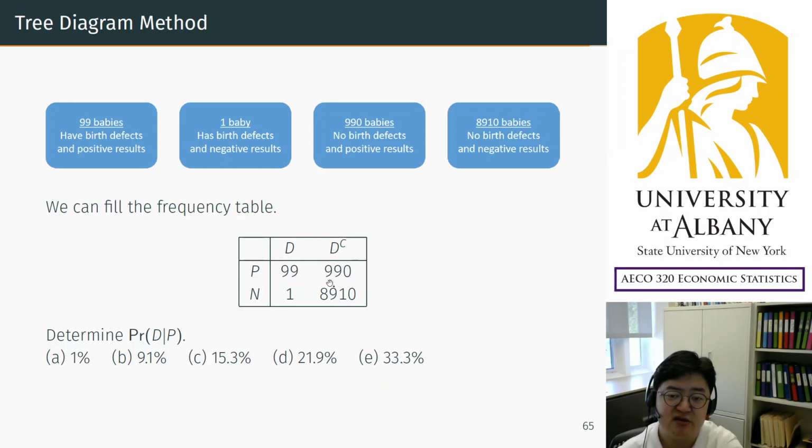Of course, if you add those numbers again, you are going to get 10,000. Out of the 10,000 sample, you have true positive, false negative, true negative, false positive. 4 types. Here, then, let's calculate the probability that I wanted.